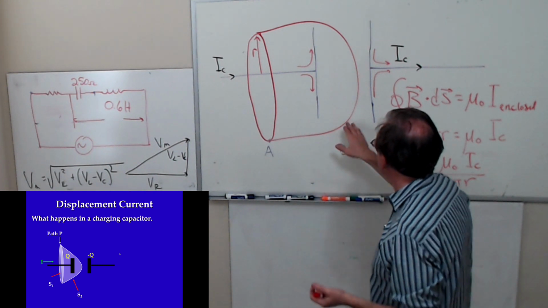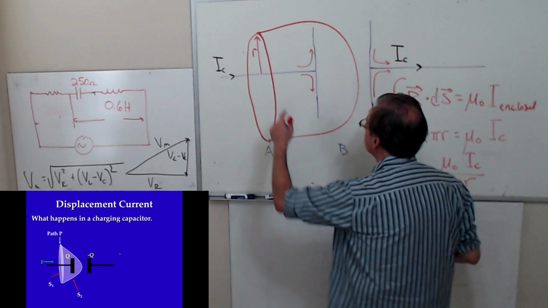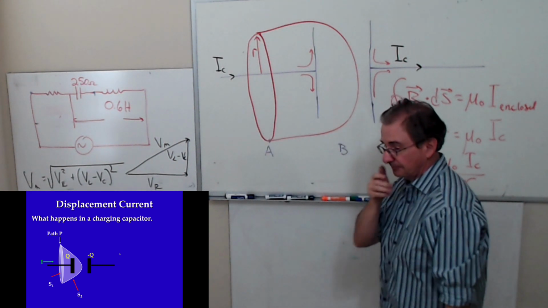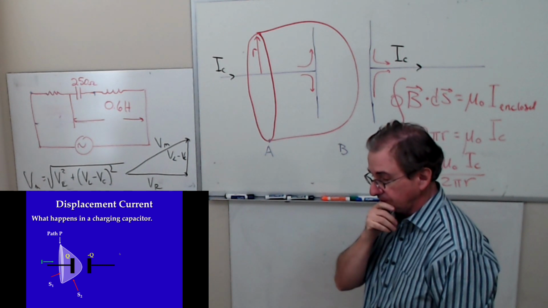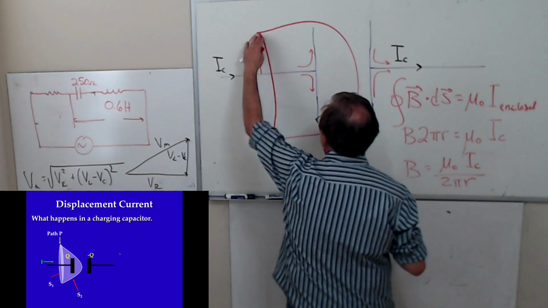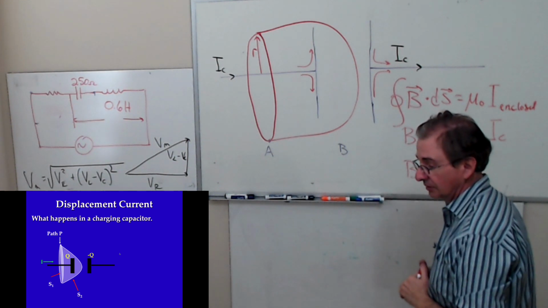Well, what if I choose this surface? What if my loop includes this surface and not the plane? How much current goes through that surface?